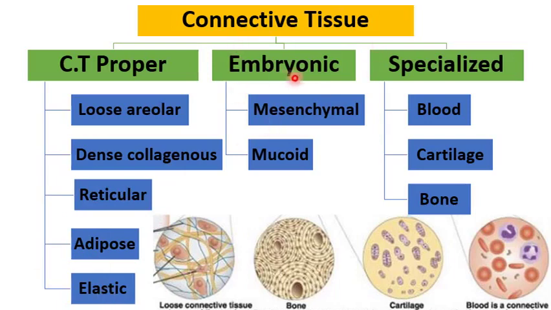The second type, embryonic connective tissue, has two types: mesenchymal and mucoid connective tissue. The last one is specialized connective tissue, which has special characters, such as blood, cartilage, and bone. Each of them contains its own special character. We will discuss each of these types separately.